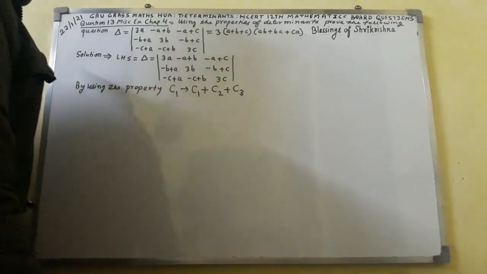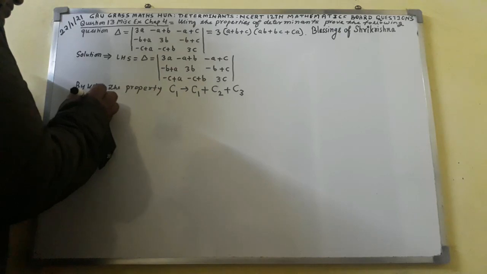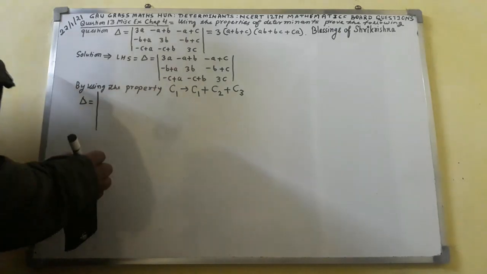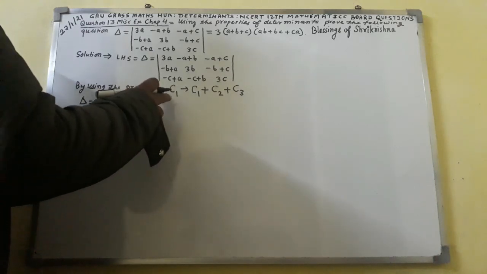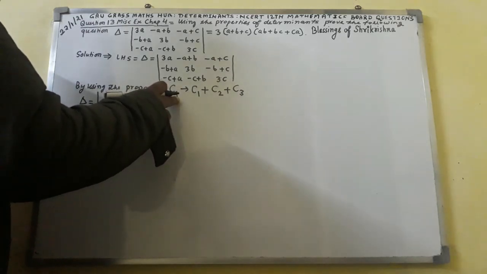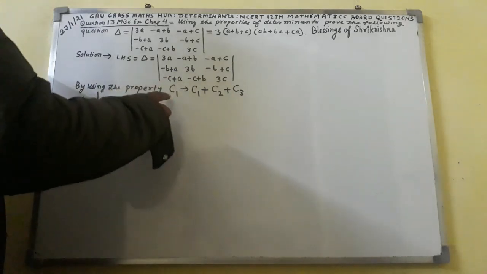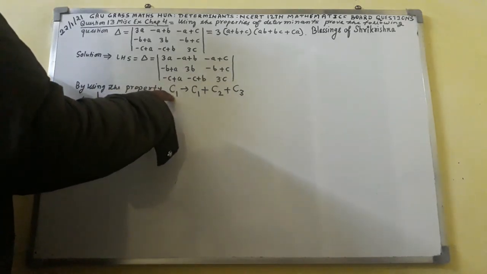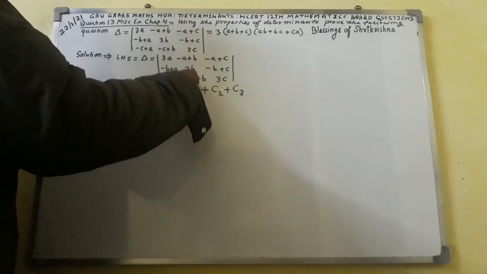So here the determinant will become: C1 goes to, this means that C1 will be changed only. Changes will occur only in the first column C1, there will be no changes in the second column and third column.